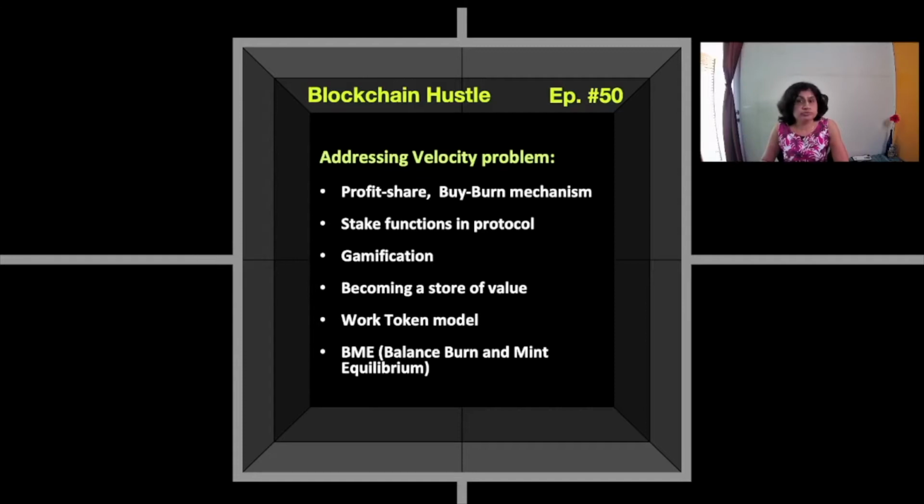You could do a profit share and a buy burn mechanism. You could add staking functions into the protocol, have gamification, or you could also have your token become a store of value. So there are a few methodologies by which you can increase the value of your token by designing it into your protocol.